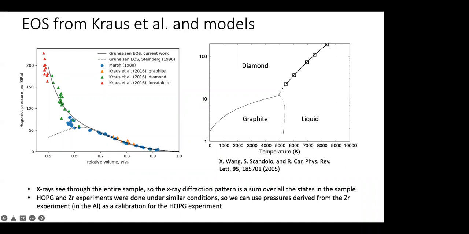The other thing I wanted to say about this was that these equilibrium estimates of pressure may not be entirely accurate. And the reason is because, of course, the HOPG is not in an equilibrium state. It's probably highly non-equilibrium, closer to elastic compression, much as the aluminum was elastically compressed in data that I showed you earlier.